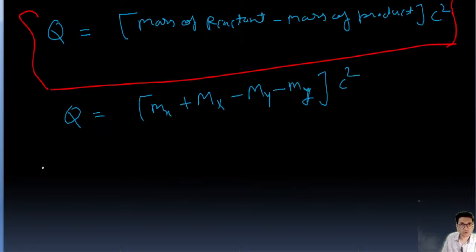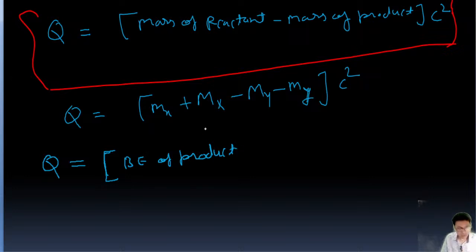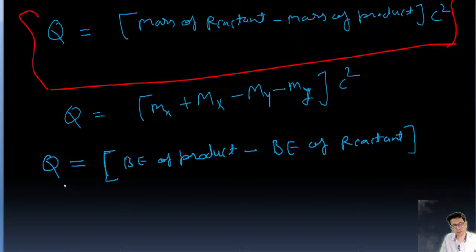It has two more formulas which I am going to write. Q value is the binding energy of product minus binding energy of reactant. You need to understand, don't get confused. This is mass of reactant minus mass of product into c square, but in terms of binding energy, Q value is binding energy of product minus binding energy of reactant.